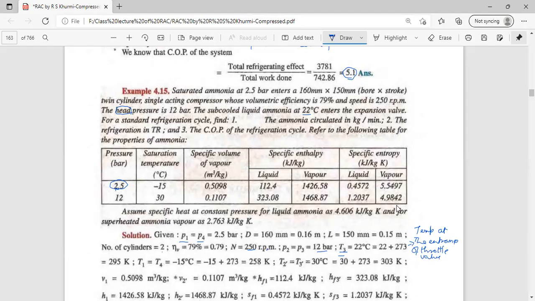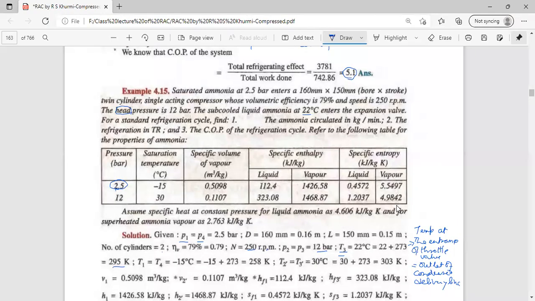The temperature at the end of the throttle valve, or outlet, is equal to the outlet of the condenser delivery line. That is equal to 22 degrees centigrade. You can convert it to Kelvin by adding 273, which is 295 Kelvin itself.